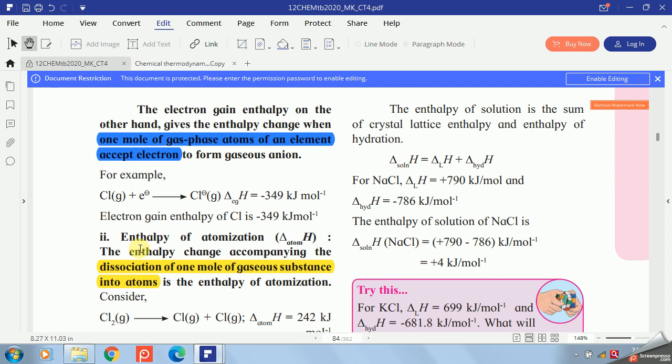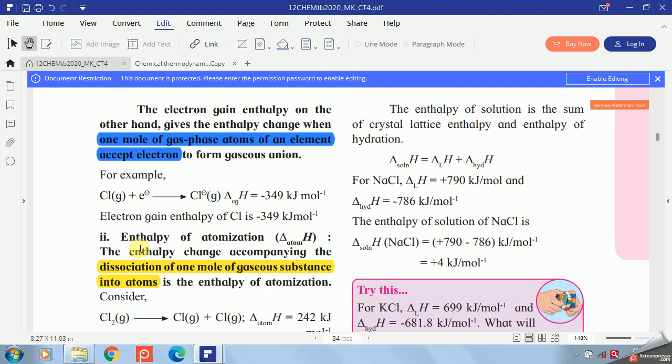Now enthalpy of atomization, formation of atom from the molecule, and what is that? Enthalpy change accompanying the dissociation. We have to break the chlorine-chlorine bond, and that chlorine molecule gets dissociated into chlorine atom.